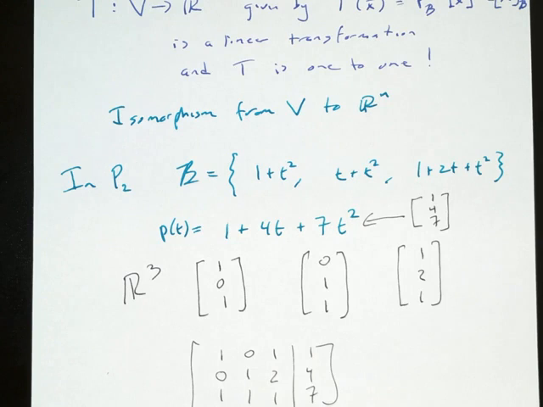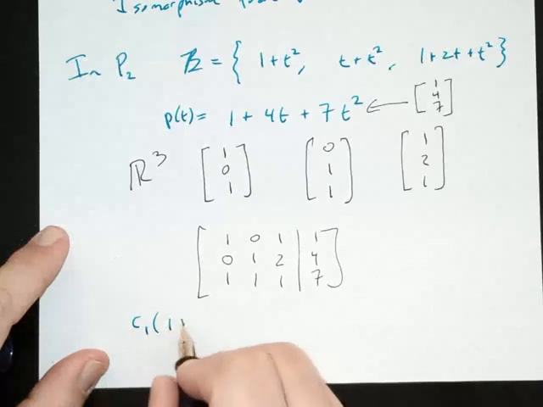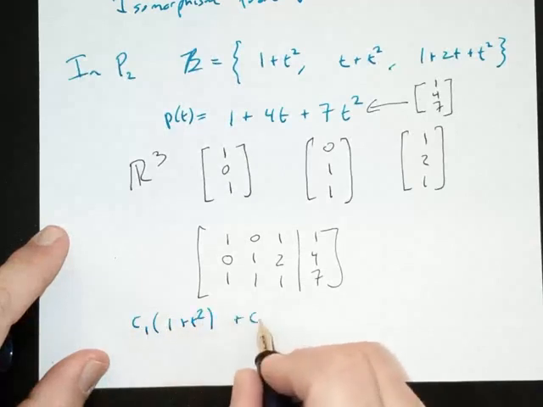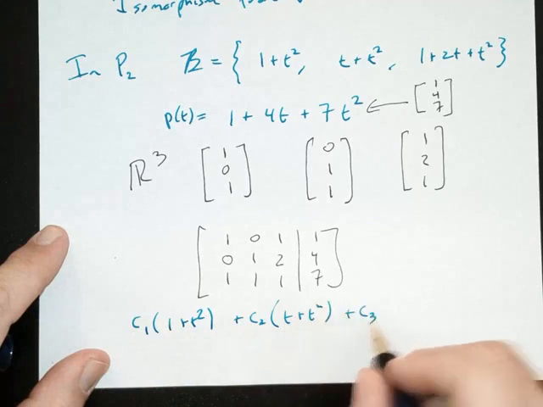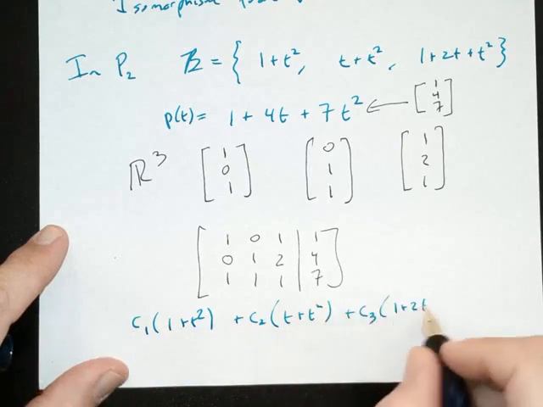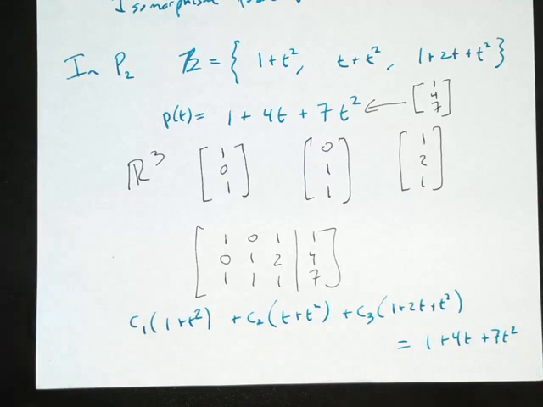But notice, if I had set it up, it would be C1 times 1 plus t squared, plus C2 times t plus t squared, plus C3 times 1 plus 2t plus t squared, equals 1 plus 4t plus 7t squared.